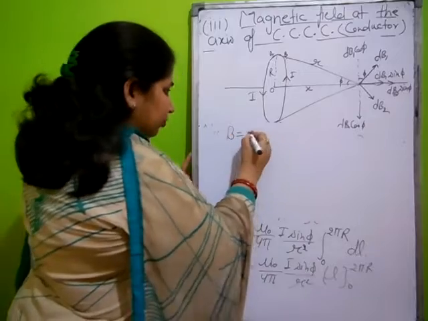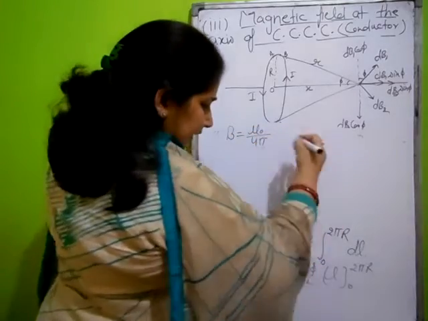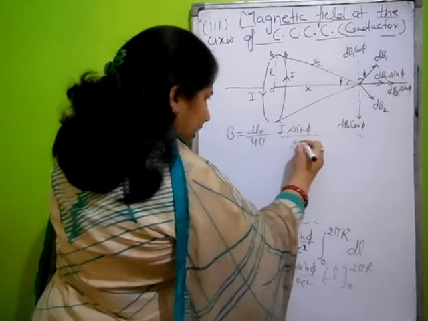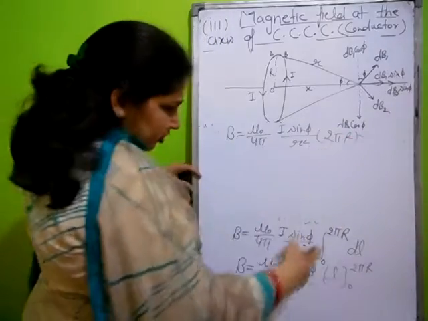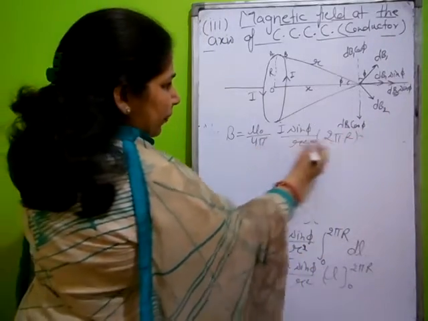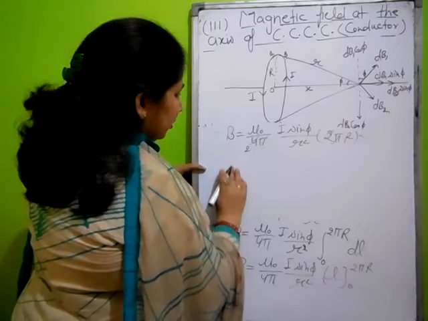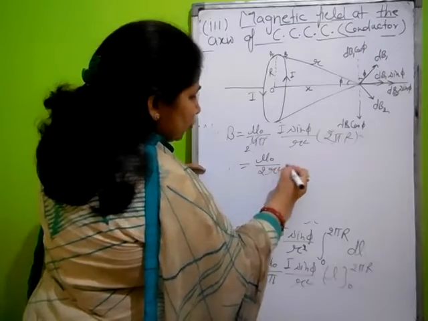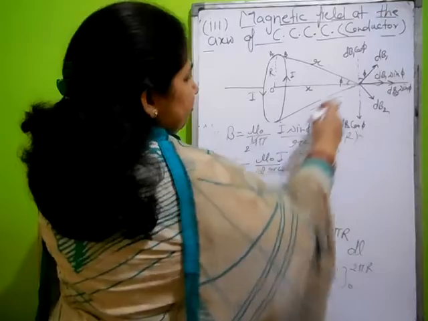B is equal to mu naught upon 4 pi, I sin phi upon r square, times 2 pi r. With 2 pi r, pi and 2 cancel out, and we get mu naught upon 2 r square, I sin phi.